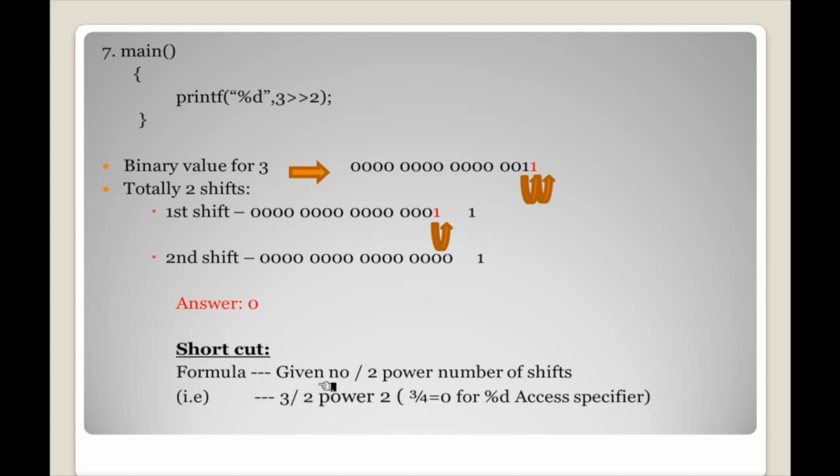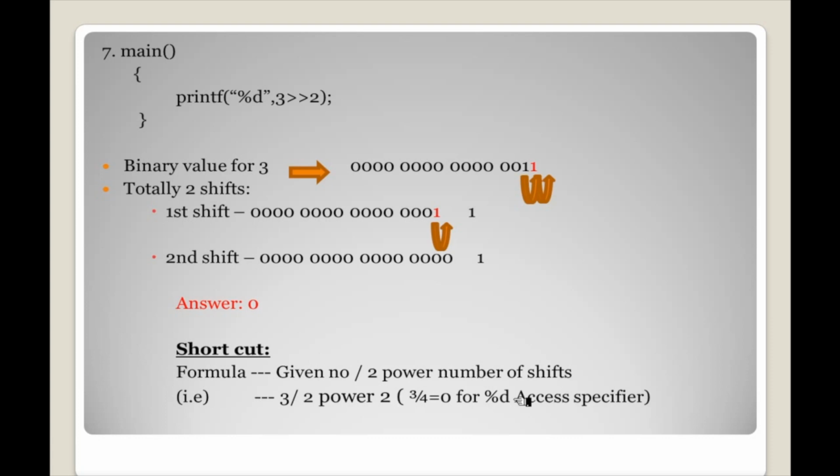And here we have the shortcut, that is, given number divided by 2 power number of shifts. The given number is 3 divided by 2 power 2, which is nothing but 0. Because here %d is used as the access specifier, the answer is 0. If %f is used as an access specifier, then we'll get the output as a rational number.